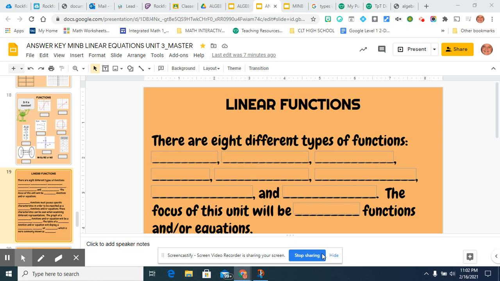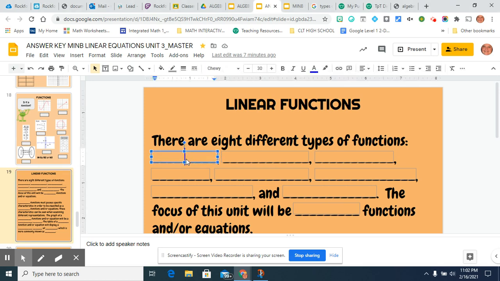Okay, today we're gonna continue to talk about functions, specifically linear functions. Just to give a broad base, there are 8 different types of functions.